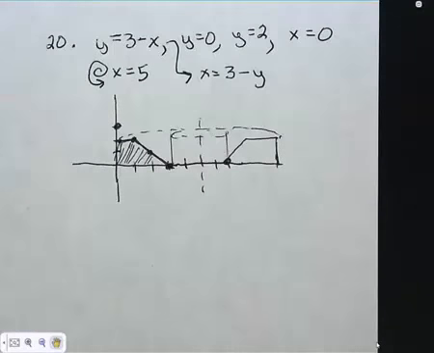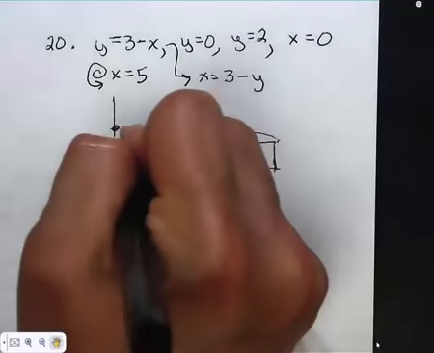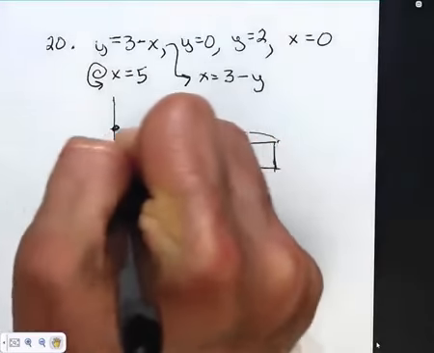It helps me if I only shade the part I'm rotating, not its corresponding part on the other side of the axis of rotation. It's the part that I've shaded there that's being rotated. And you said I was using horizontal rectangles, so everything has to be in terms of y.